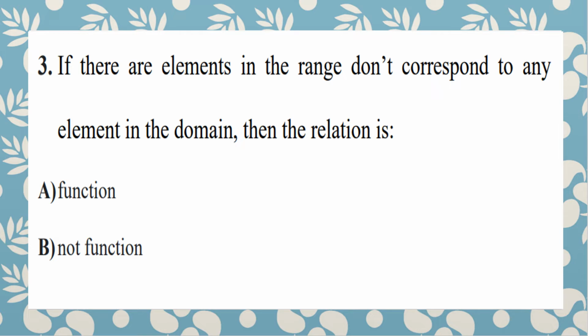Question number 3. If there are elements in the range that don't correspond to any element in the domain, then the relation is function, not function. Again, if we have elements in the range that don't correspond to any element in the domain, this relation is a function, because our concern in any relation is about the domain, not the range.